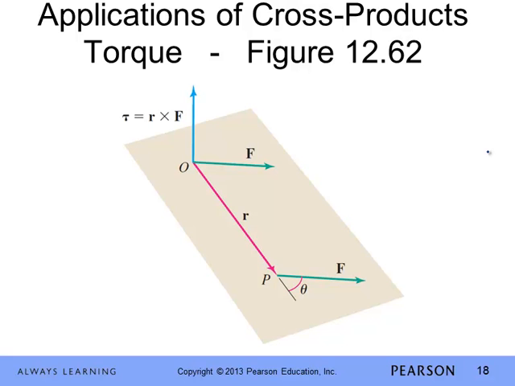And then from the head of r, we have the tail of your force vector. The force vector is basically the force that you are applying to the end of the wrench to either tighten or loosen that bolt.